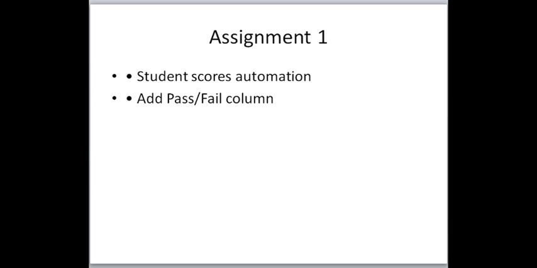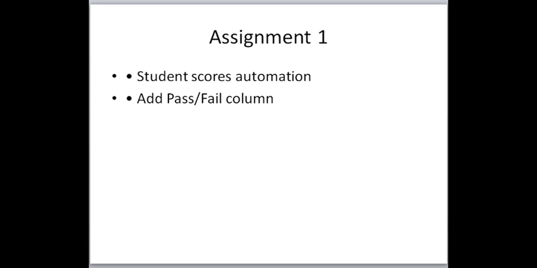The assignment is student score automation, meaning that you should open an Excel file by yourself and create student scores. For example, column 1 student name, column 2 student score. You do that by yourself. You input the name, you input the score.